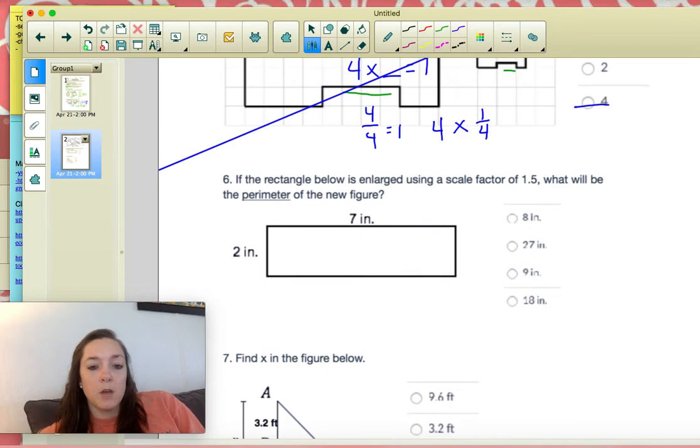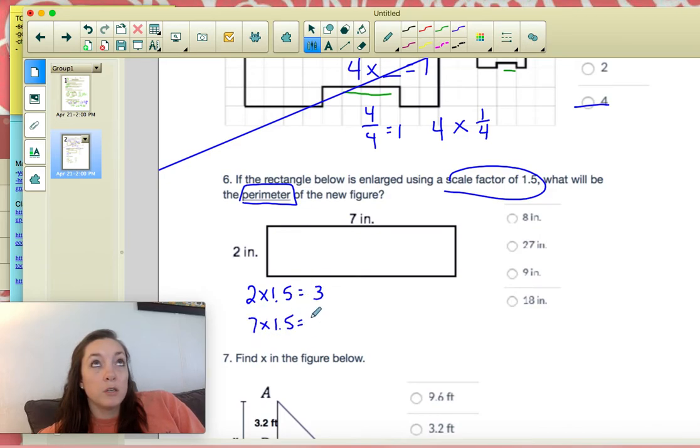All right. So this one is a scale factor problem. Scale factor is 1.5. What is the new perimeter? So we're going to find the new dimensions and then we're going to find perimeter. So we're going to do 2 times 1.5 and we get 3. 7 times 1.5 and we should get 10.5, I think.